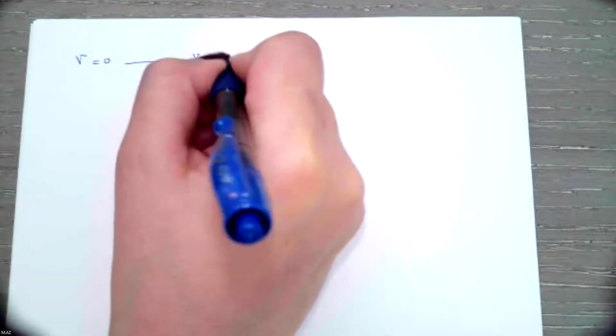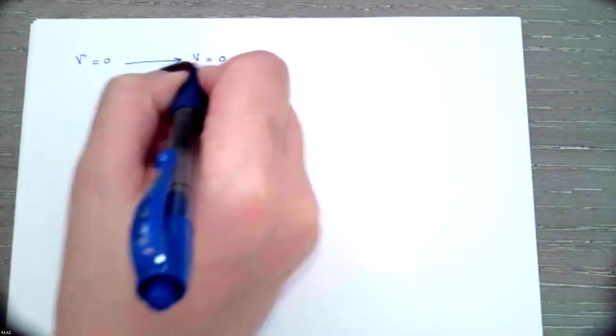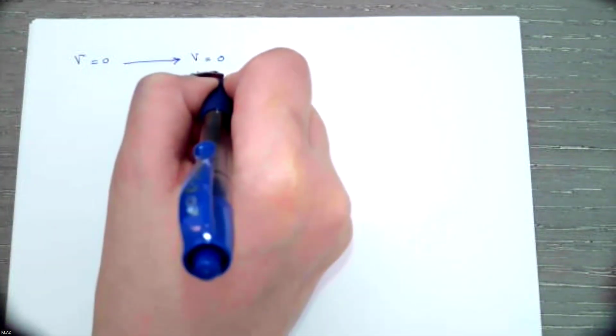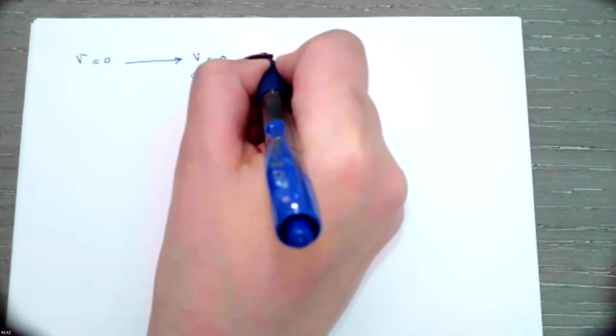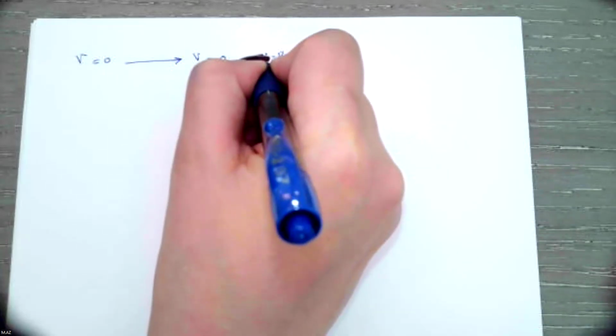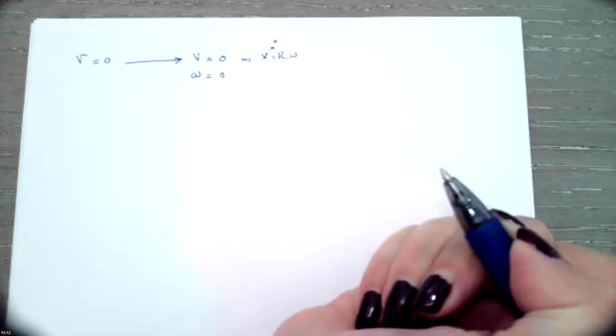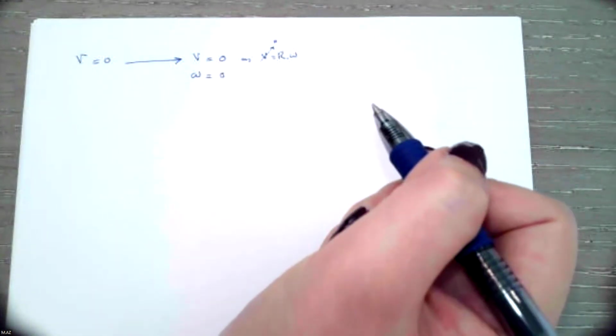Because the flywheel is attached to the motor, they have the same angle and same velocity. For this reason, the velocity of the flywheel is also 0. And we know that omega is also 0 because velocity equals r times omega. Once the velocity is 0, omega will be 0.